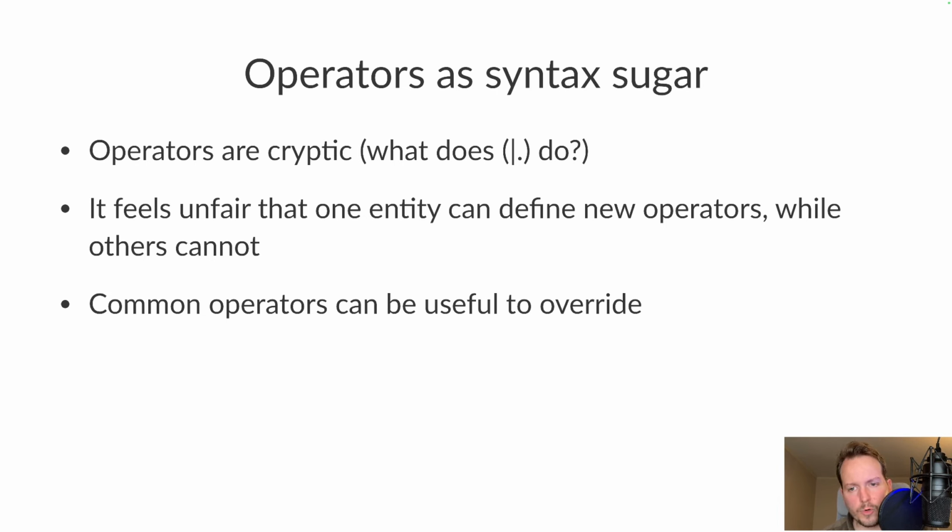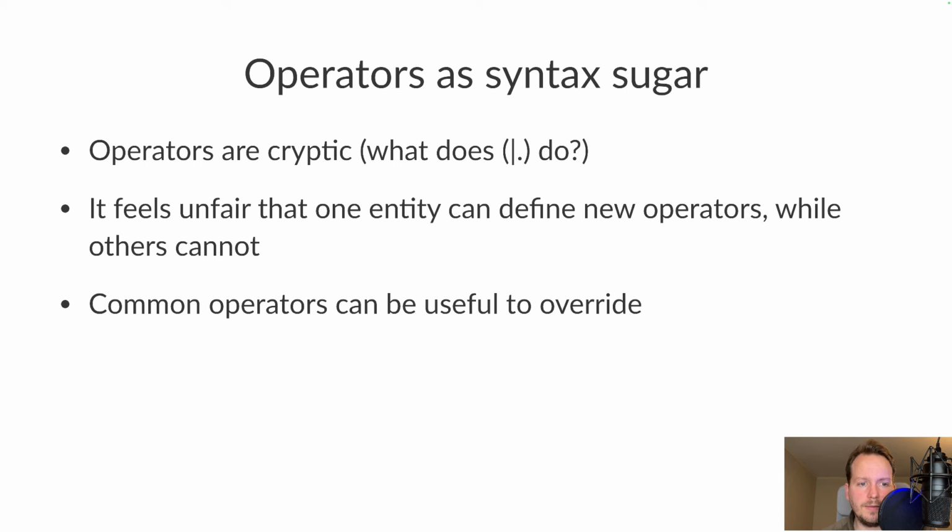The reason operators are locked down like this is because operators are cryptic. Here's an example: what does the pipe dot operator do? Without knowing any more context, you have no way of answering that question. There's really no basis on which to make a guess even. There's no readable name here.